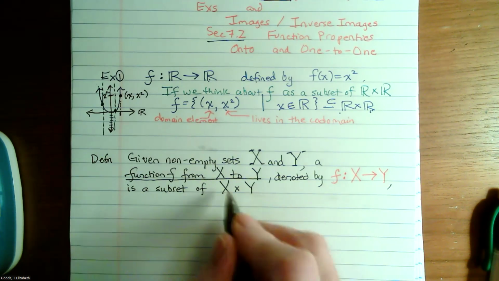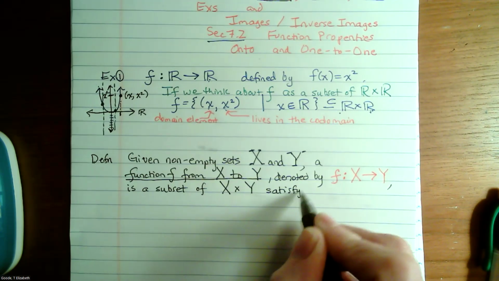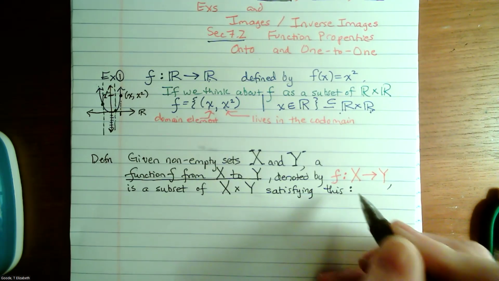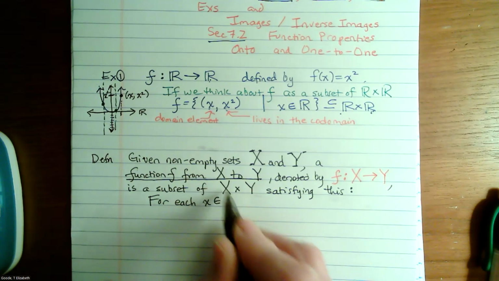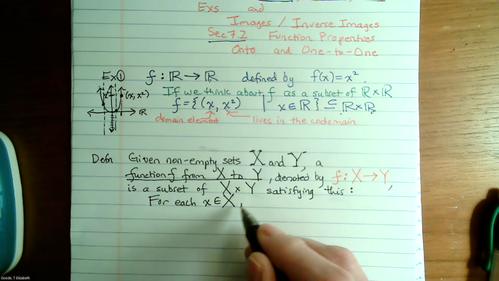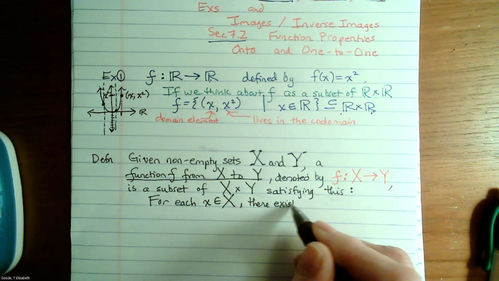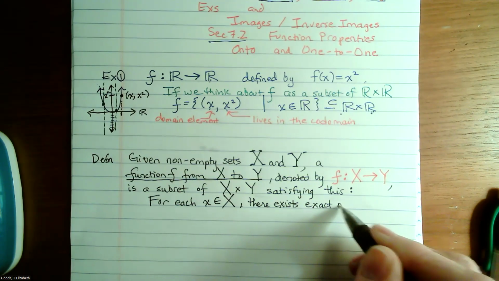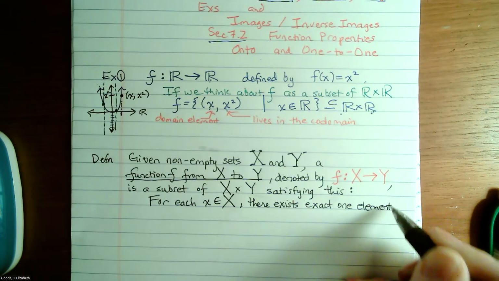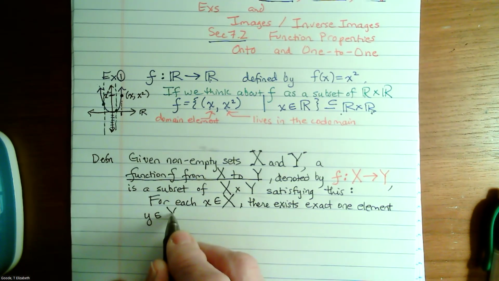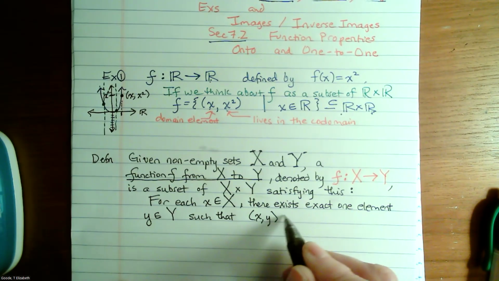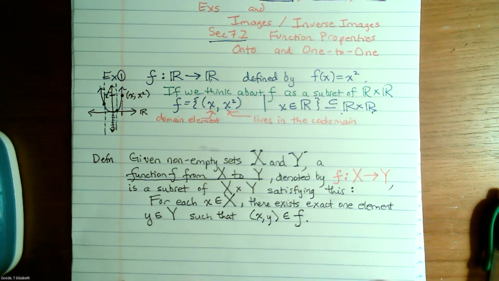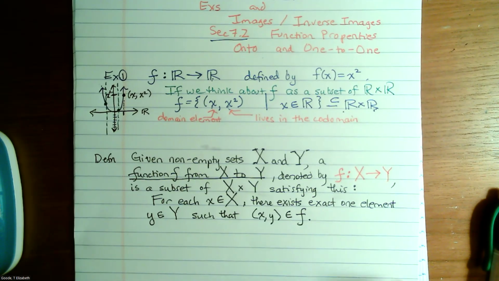But it's a subset of X crossed with Y, satisfying this: for each element, little x, in set big X, there exists exactly one element, we'll call it little y, in set big Y, such that the ordered pair little x comma little y is an element of this subset of X cross Y that we're calling F. So now we've just defined what it means to be a function.